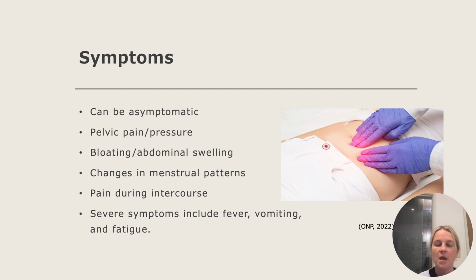Symptoms. You can be asymptomatic, where you won't show any symptoms at all of having a cyst. On the other hand, you can get pelvic pain and pressure, bloating, abdominal swelling, changes in menstrual patterns, pain during intercourse, and severe symptoms include fever, vomiting, and fatigue.